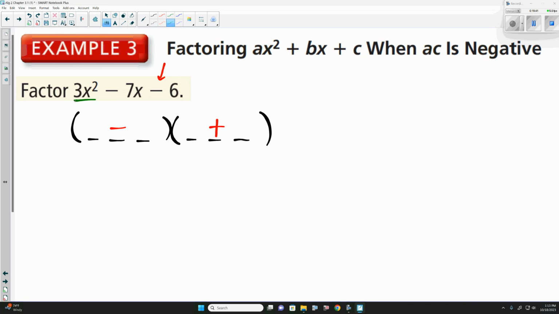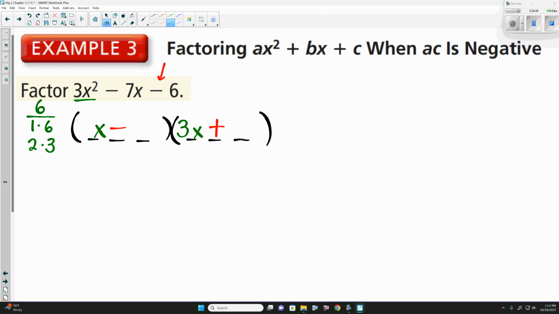First term, 3x squared. We will have x and x. 1 and 3, where do we want to put the 3? Now the factors of 6 are 1 and 6 and 2 and 3, yes?